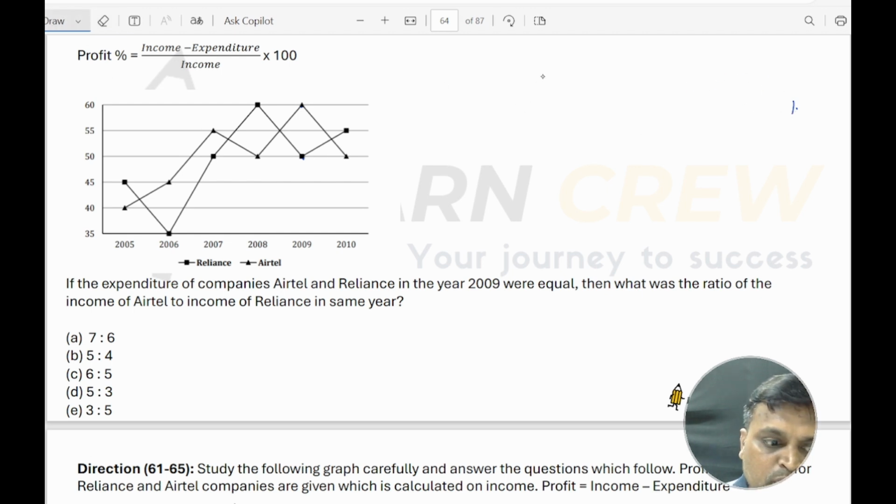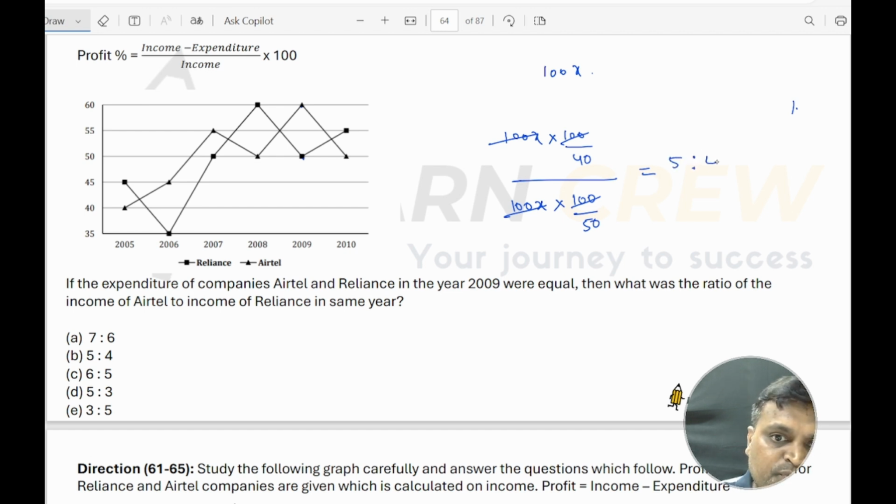Then the income of Airtel would be 100x by 40, and for Reliance it would be 100x by 50. 100x cancels because expenditure is the same. Now it becomes 50 by 40, which is 5:4. So the option is B.